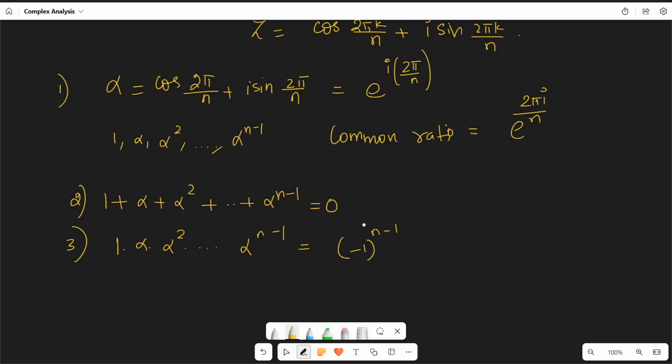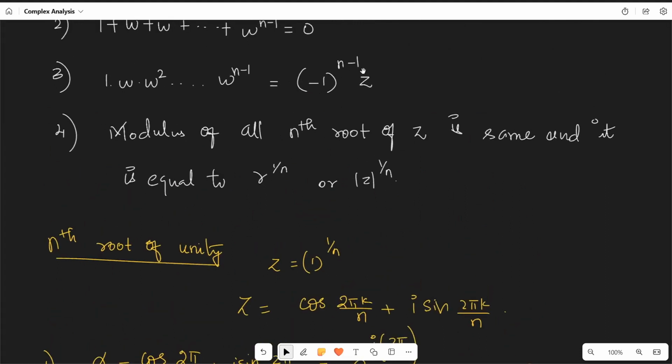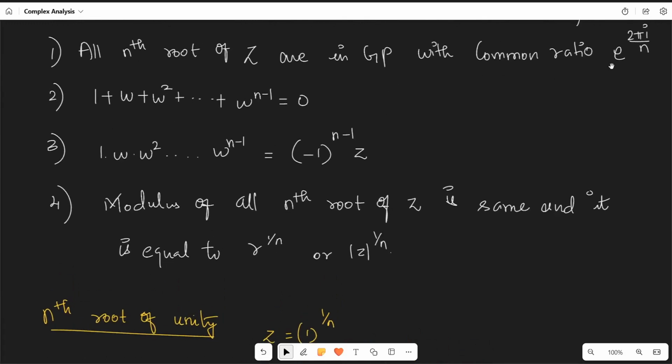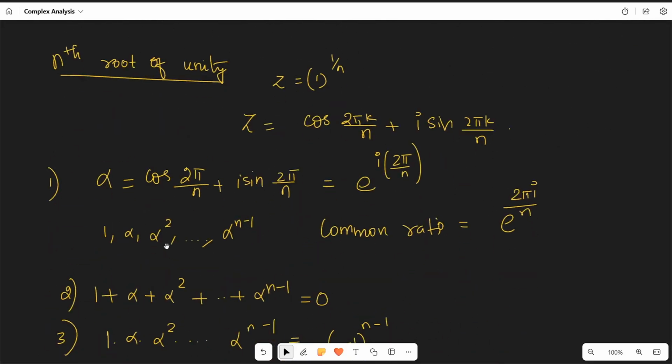For the product, we have minus 1 the whole power n minus 1; in the above case, into z will be there. Also, the nth roots of unity are in GP with common ratio e to the power 2 pi i by n.